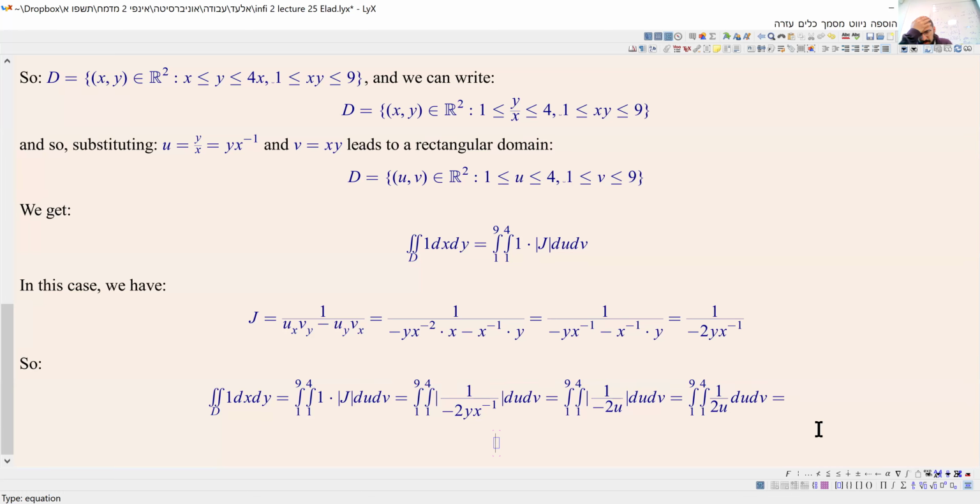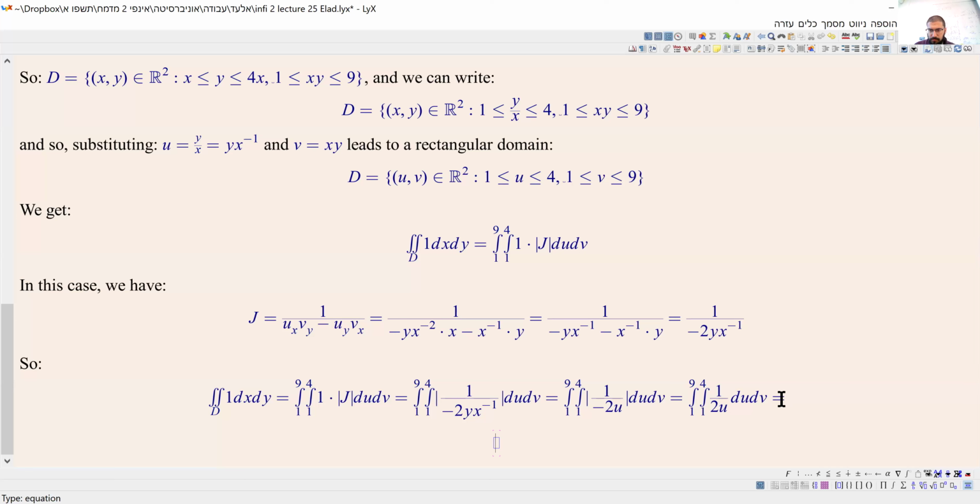Before we finish, the main reason for the example, the substitution, is already behind us. Any questions about that? No, we just get in the end a better pair of integrals because the domain is rectangular.